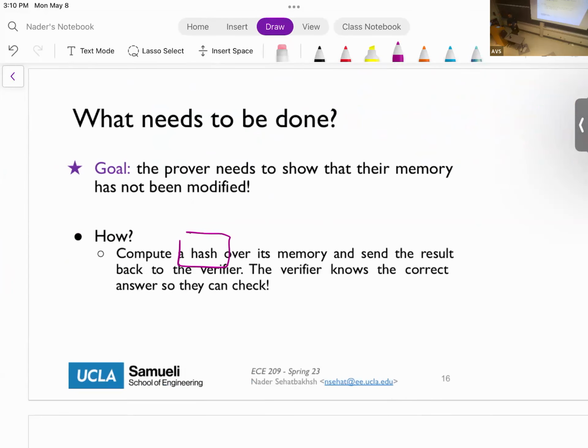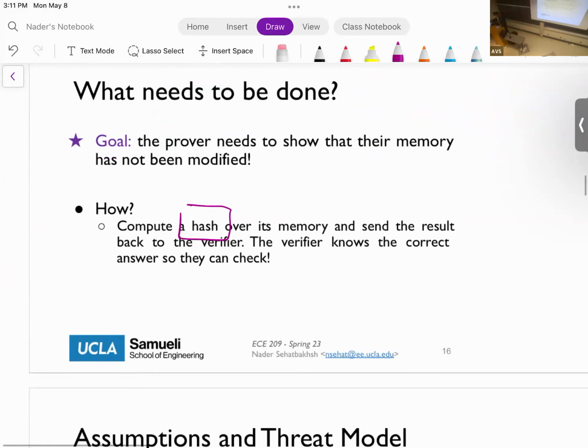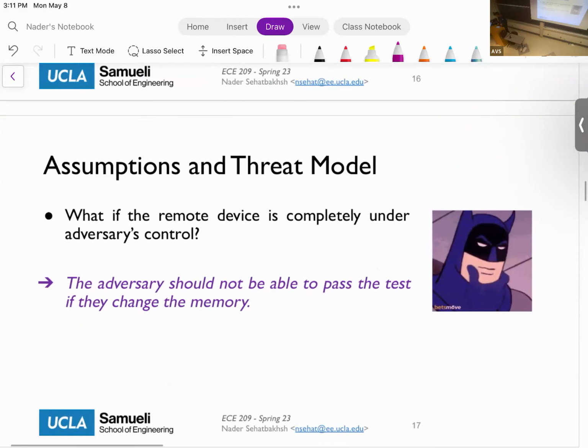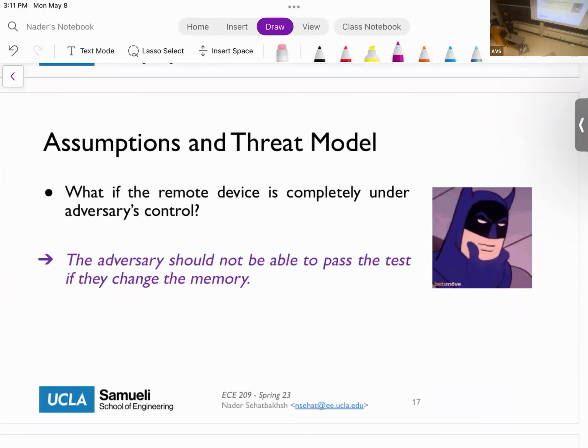But of course, this is assuming that nothing bad will happen, that the adversary does not try to attack this, which is not true. So we need to make this process a little bit more complicated. The threat model that we have in the system is that we are assuming the system is completely compromised. And our attestation should still work under this completely compromised system, which means that if the adversary changed something in the program memory, that should result in a different hash than the expected hash.